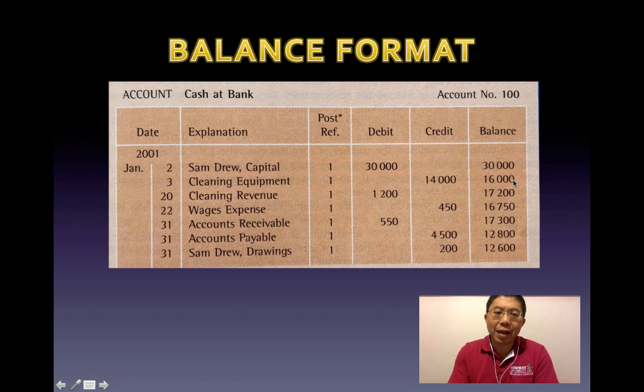On the next day, 3rd of January, when Sam took out cash to buy some cleaning equipment, he would have reduced his cash, credit his cash, and you would then have a balance of 16,000. So you go on, in every transaction you determine the balances in the far right column. So this is, I suppose, an easier approach to calculating the balance, and at the end of that month's transactions, immediately you will know that you have a balance of 12,600. So this is a 3-column format which you can use.